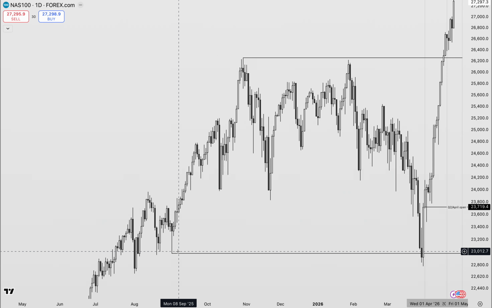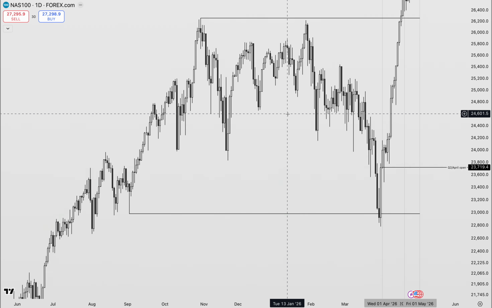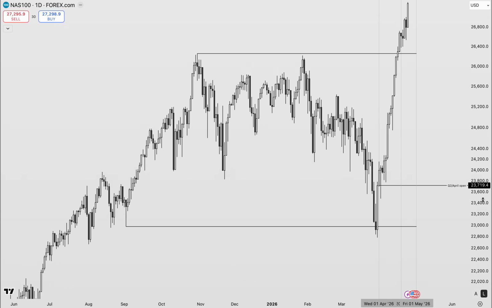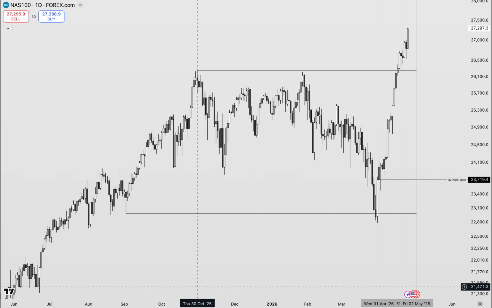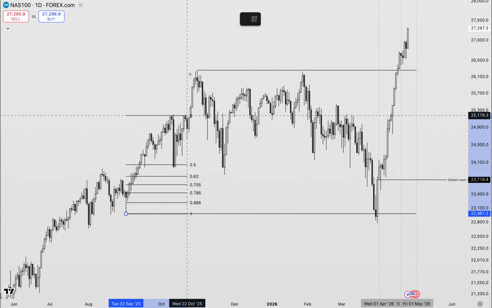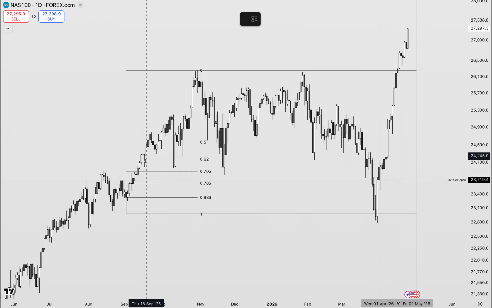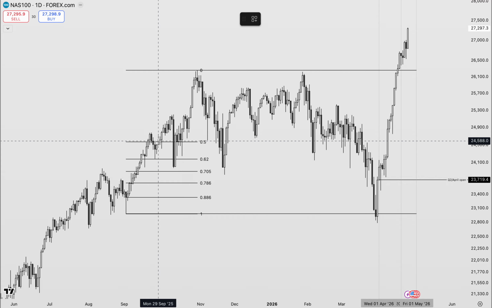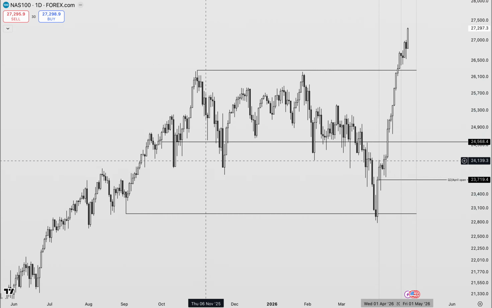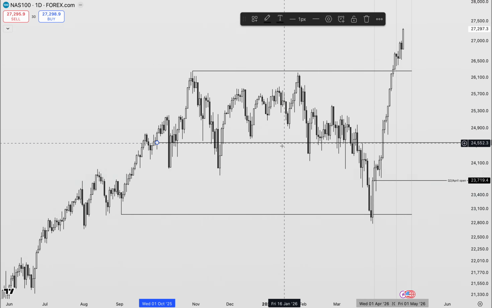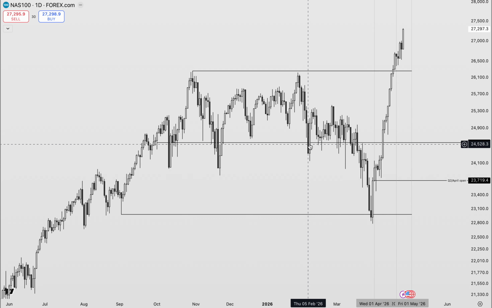So yeah, that's one thing about the highs and lows, and another thing about ranges is the 50%, right? So we mark the 50% of this range. What is happening at the 50% of the range?